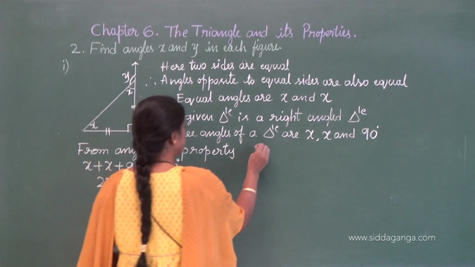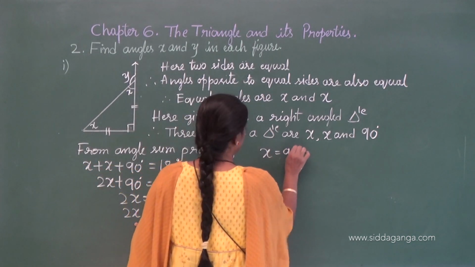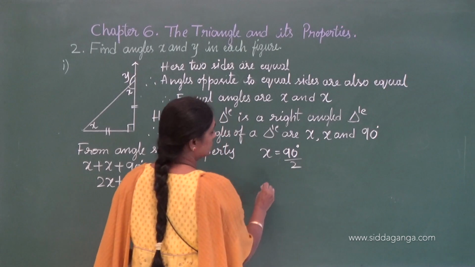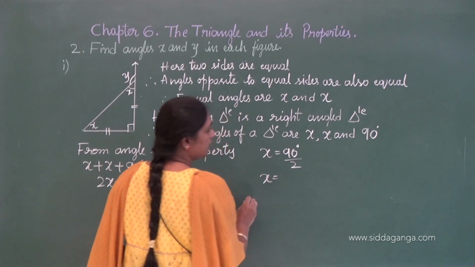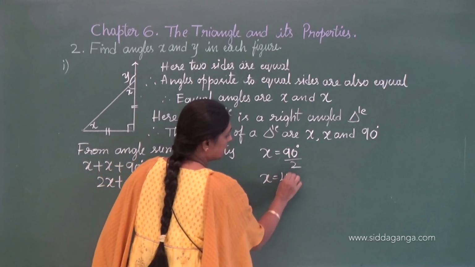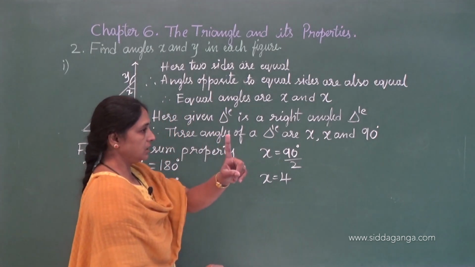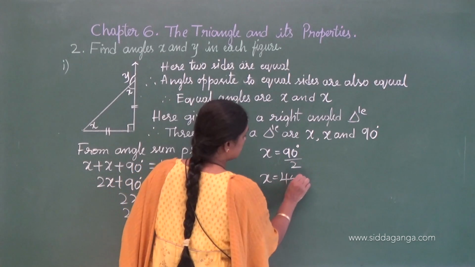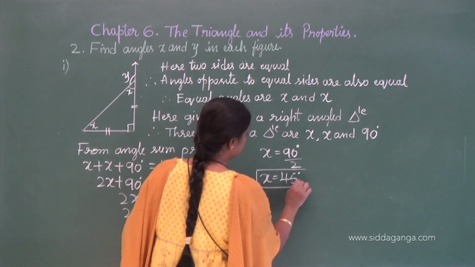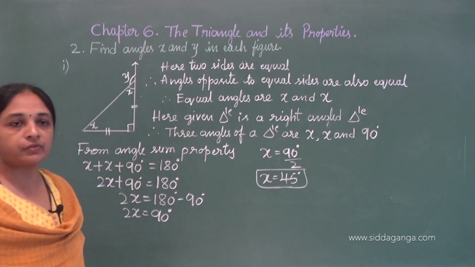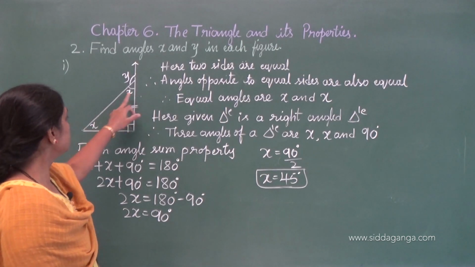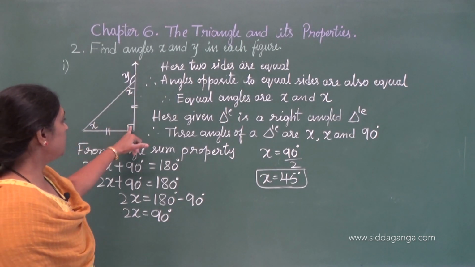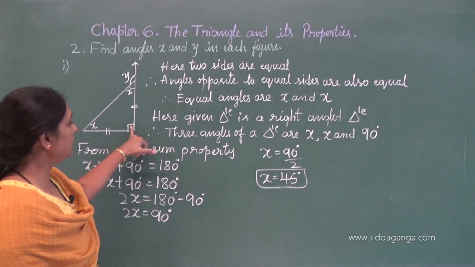Then we can write x is equal to 90 degree by 2. Then what is the value of x here? 2 4s are 8, remainder is 1, it makes 10 degree. 2 5s are 10. What is the value of x here? It is 45 degree. The value of x is 45 degree.